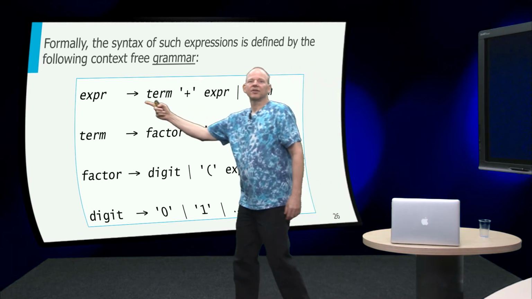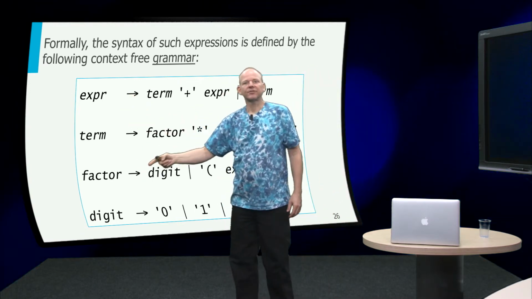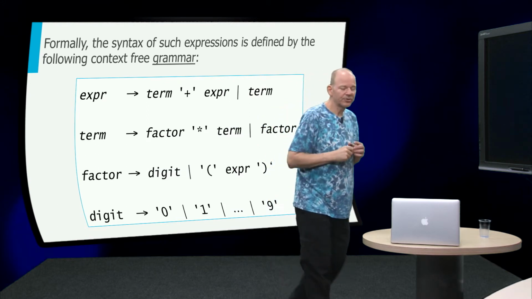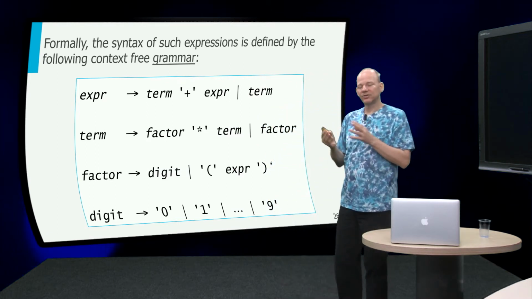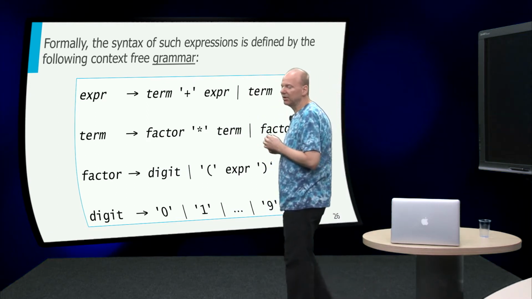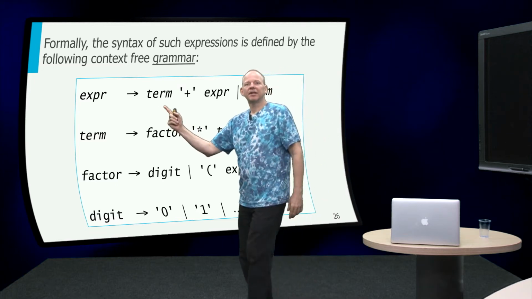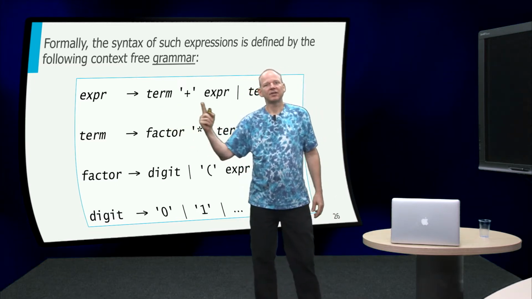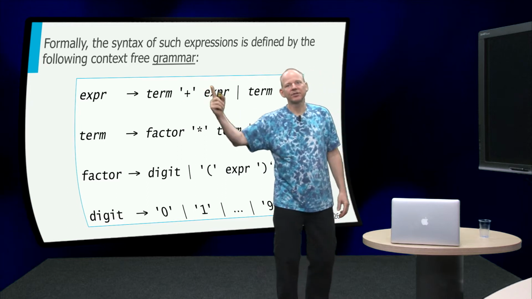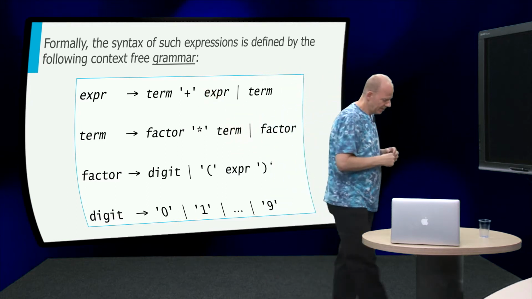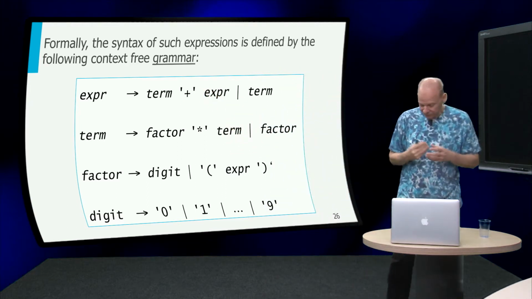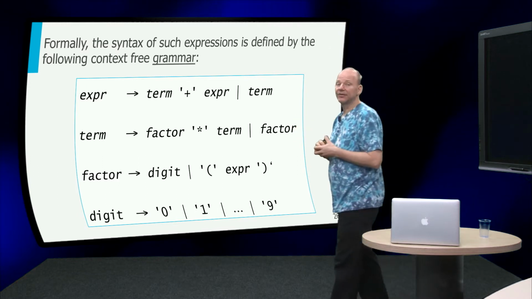There's an expression, there's a term, there's a factor, and these 3 productions are used to encode the binding of the expressions, and the fact that these are defined in this recursive form encodes the associativity.